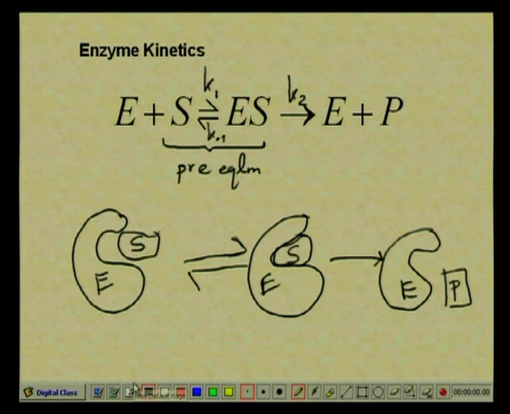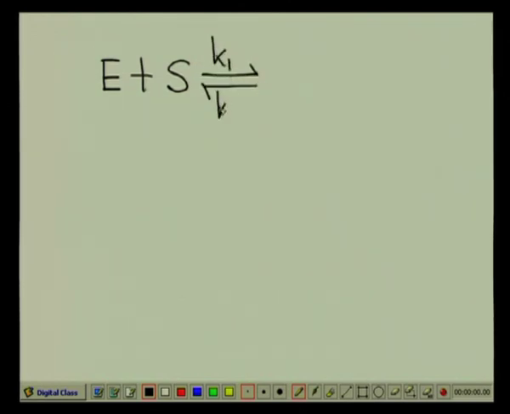So, if I just get in here. Okay. So, what do we have? You do this along with me. We have E plus S going to, with K1 and K minus 1, an ES complex forming E plus P. Okay. Now, I am going to define a velocity for the reaction.